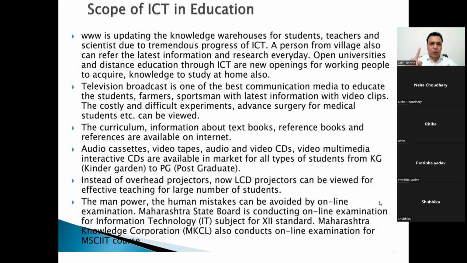So in today's topic we talked about ICT. हाँ, ICT क्या चीज है? Then we talked about the components of ICT. वो 5 components of ICT: hardware, software, data, procedure and people, right?